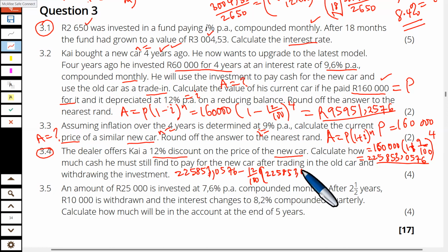That is going to give you 198,750.64. Right. So we have this.